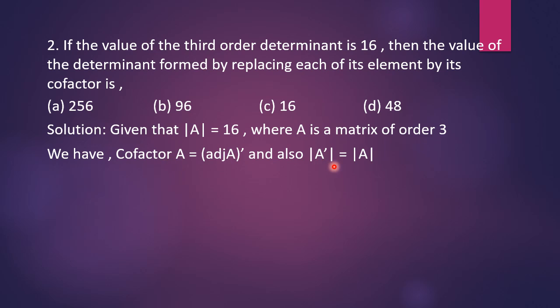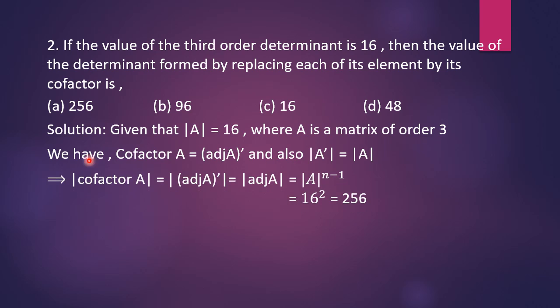And also using the properties of determinants, we know that the determinant of the matrix and its transpose are equal. So using these two concepts, determinant of cofactor A is nothing but determinant of adjoint A transpose. The determinant of the transpose is equal to determinant of A, so this is nothing but determinant of adjoint A.